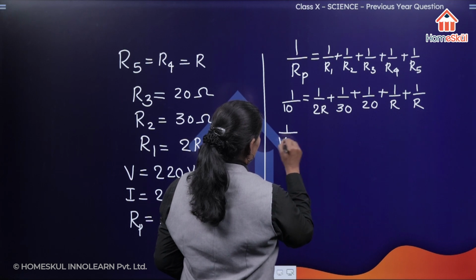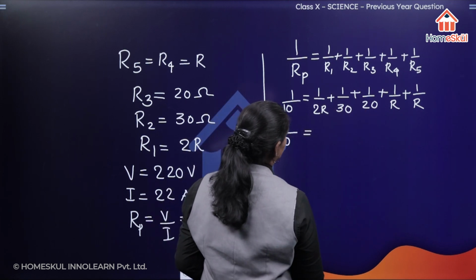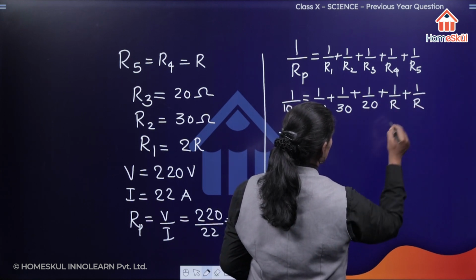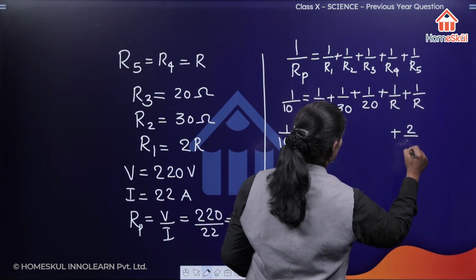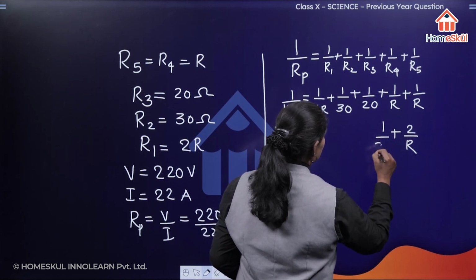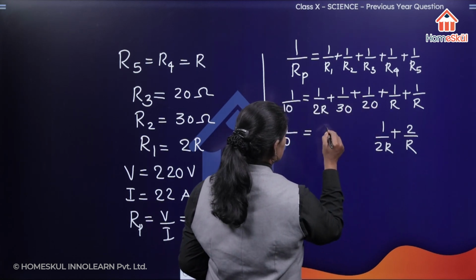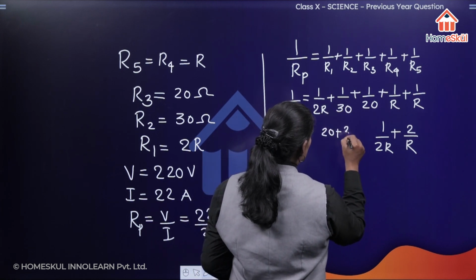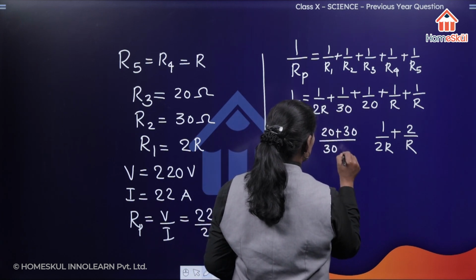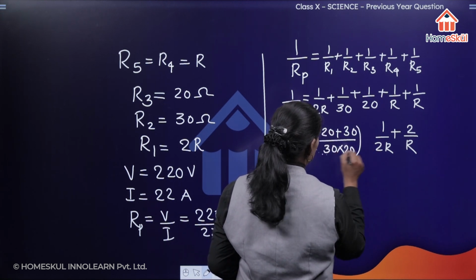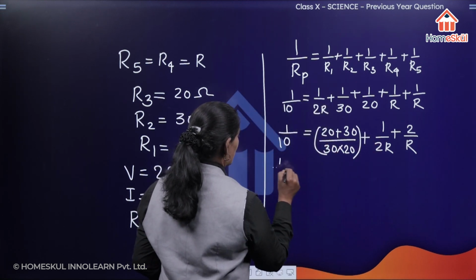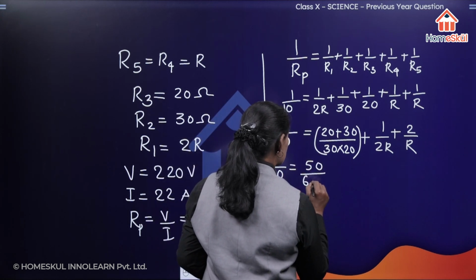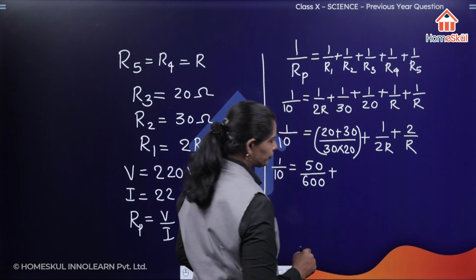So 1 by 10 is equal to, let's combine these terms now. 1 by R plus 1 by R will give you 2 by R, and we have 1 by 2R here. Combining these two terms, what do we get? We have 1 by 30 plus 1 by 20, which is 20 plus 30 by 30 into 20. By cross multiplying, we get this value, right? So 1 by 10 is equal to 50 by 600 plus.